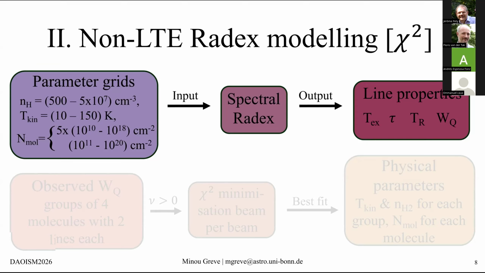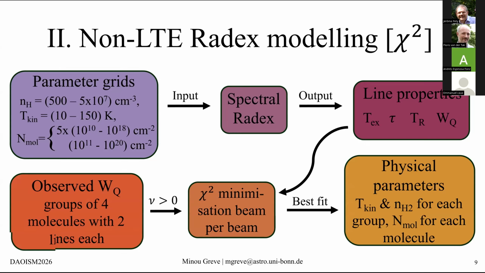Then we run for all our molecules and transitions RADEX grids using the Python wrapper SpectralRadex on all these possible combinations. And RADEX returns then multiple line properties, including the integrated intensity.